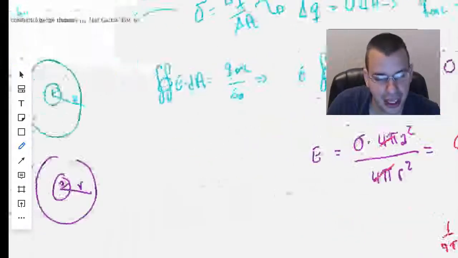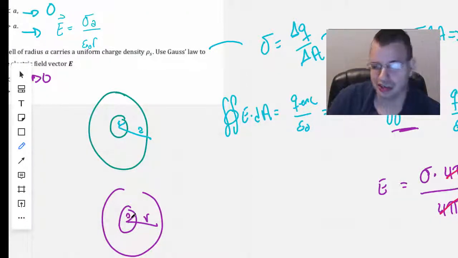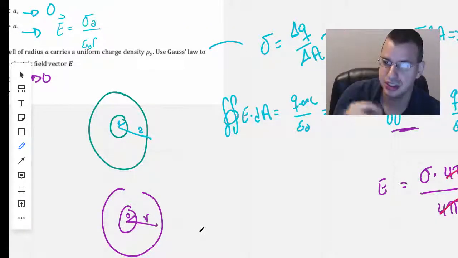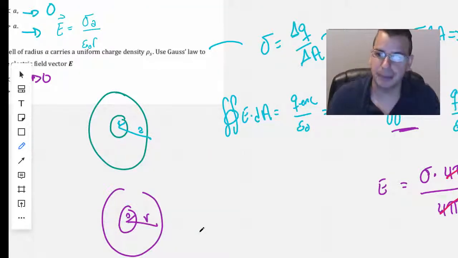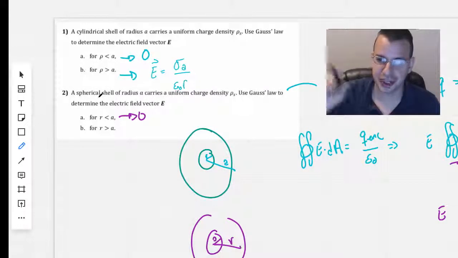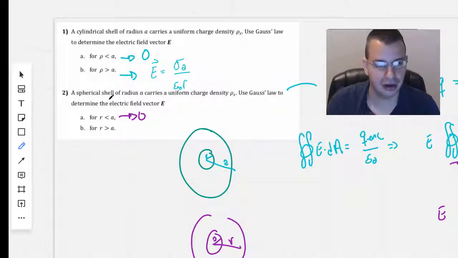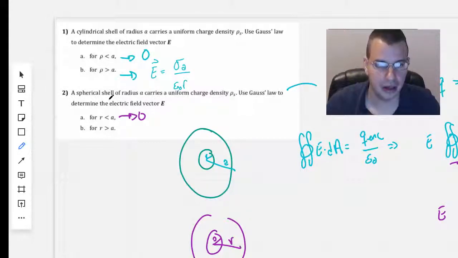So when you get outside of the sphere, it's going to act as if it's a point charge, with the same amount of q enclosed as if the charge enclosed was just a point charge. So basically, once you're outside the radius of this spherical shell, you could just crumple up that spherical shell and make it a point, and you'd have the same electric field resulting from it.